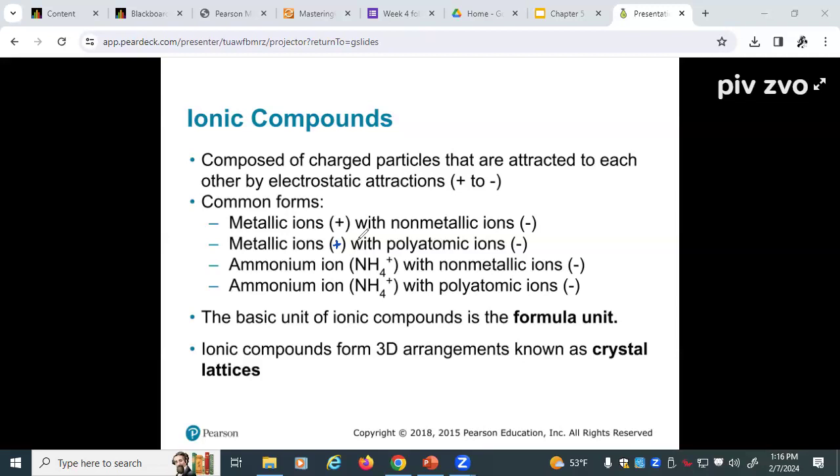It's not just positive, negative, positive, negative side to side. It's also positive and negative up and down, and positive and negative front to back.